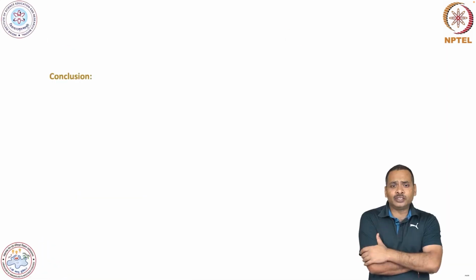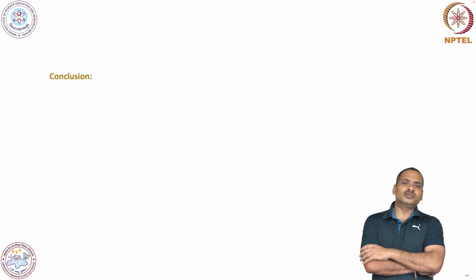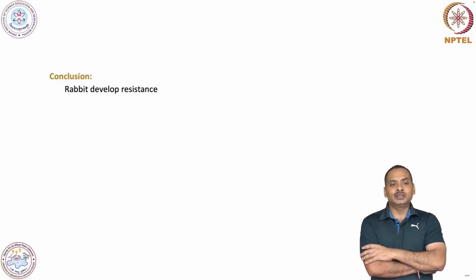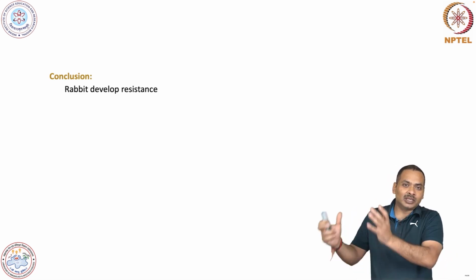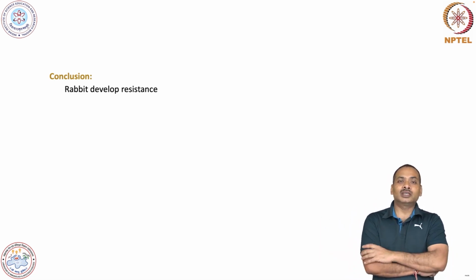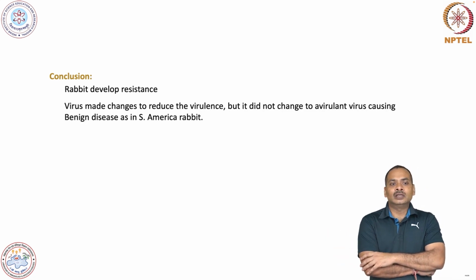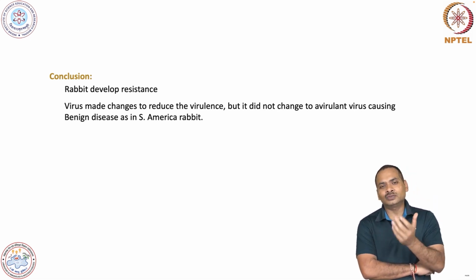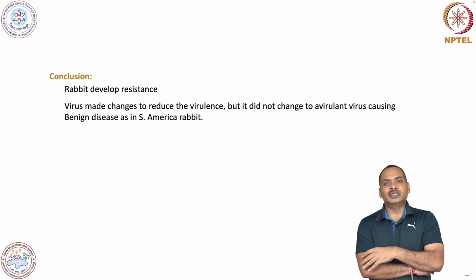So the take home message, or conclusion from this work, is that rabbits developed resistance. The rabbits developed some mechanism in order to clear this virus infection. The virus also made changes to reduce the virulence, because if it caused more virulence, then the virus would not have a host in order to replicate, to make its copies.